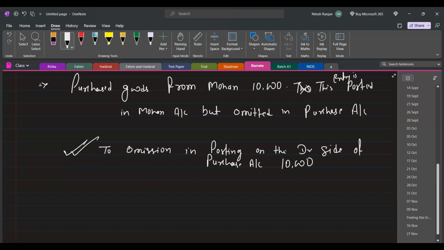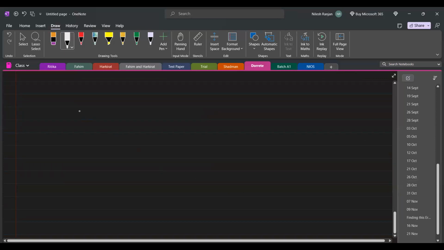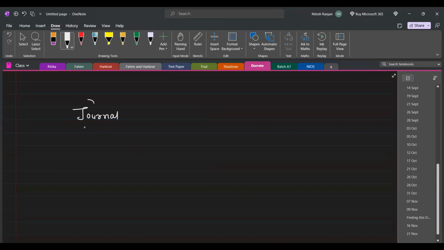So your solution will be with the error you have made, because you are not in a position to write the entry. You have completed your journal entry, you have prepared your ledger, and you just get to know the error before the trial balance. You have already prepared your journal, so you cannot change this.